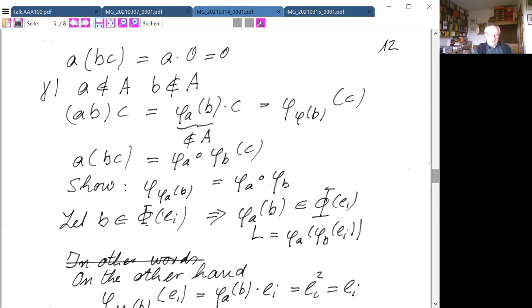And a times bc is φ_a times φ_b of c. bc is φ_b(c), and left multiplication by a means we have φ_a combined with φ_b of c. We want these two things to be equal, so we have to show that φ_{ab} is the combination of φ_a and φ_b.